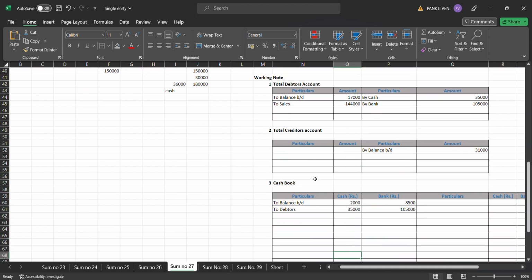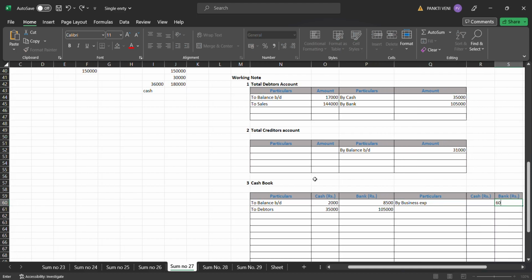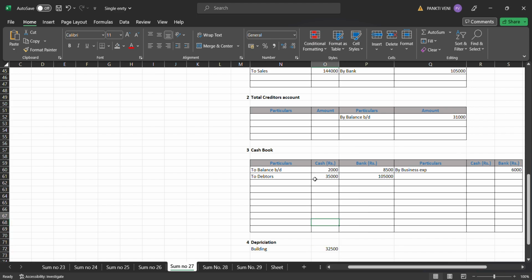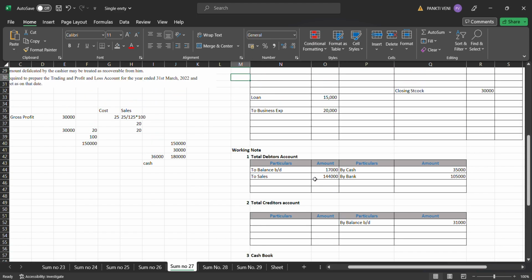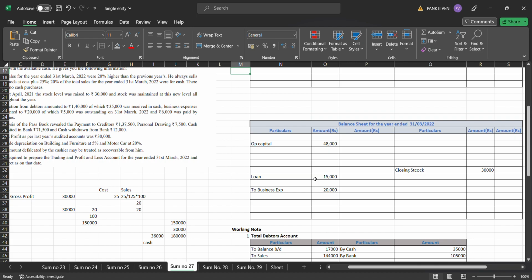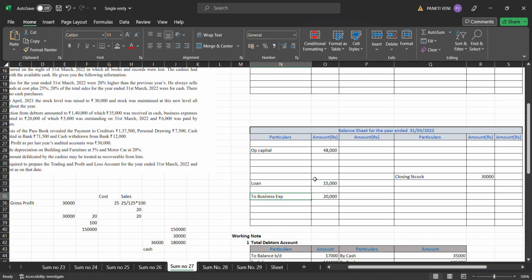So please make 6,000 entry in bank. By business expenses you are paying 6,000 by check. 5,000 is outstanding, so you show that in your balance sheet, 5,000 as outstanding.